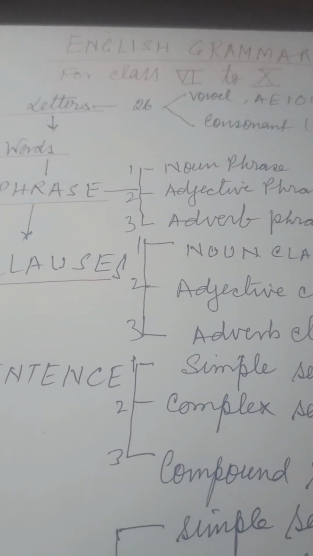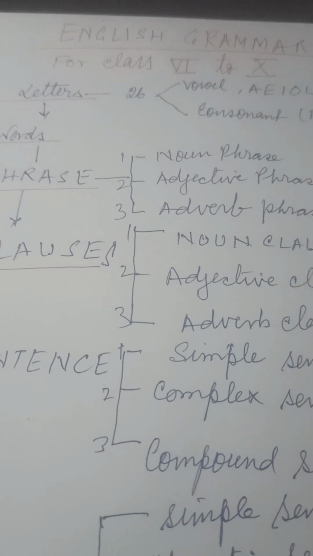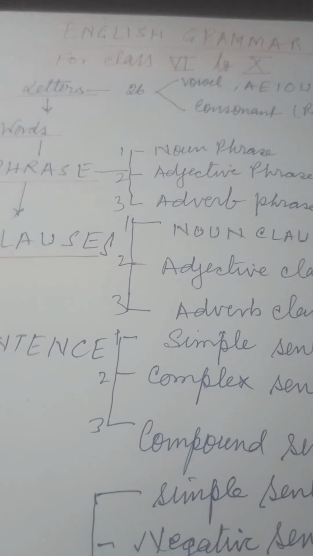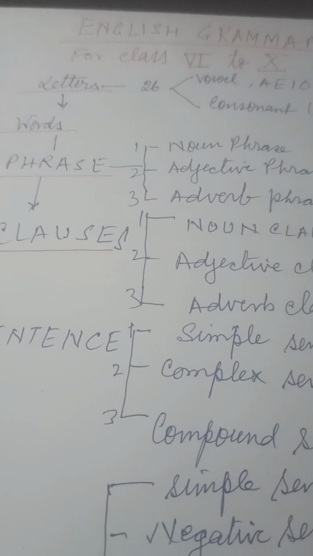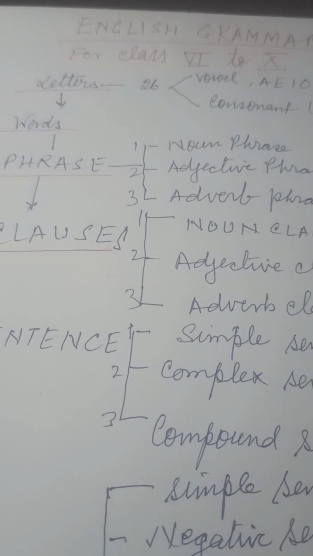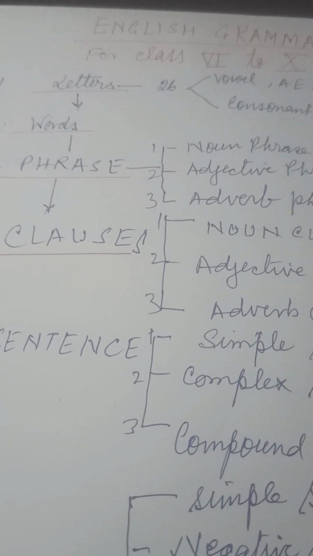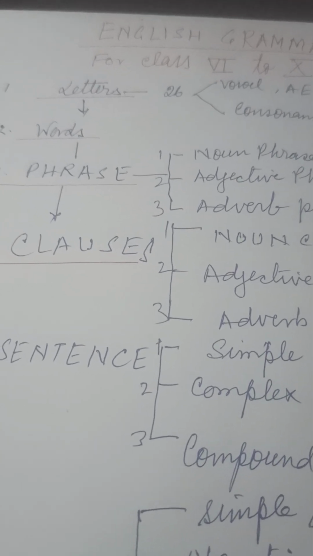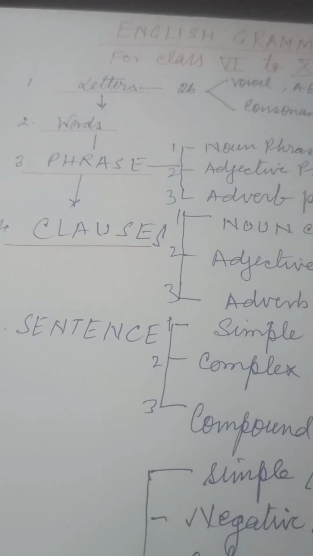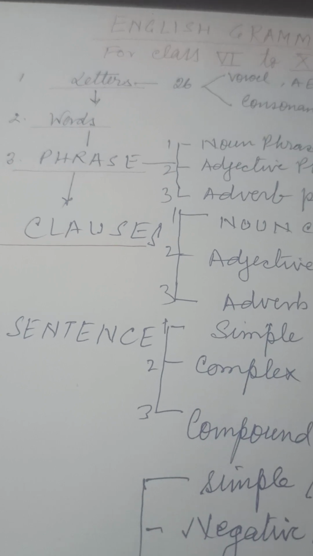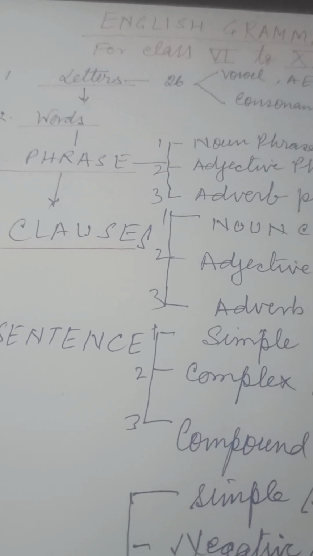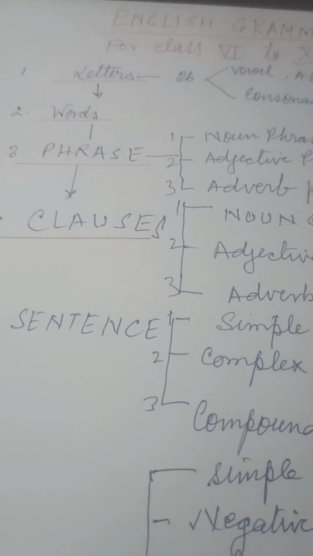Next, we go ahead. Letters, then words. Words are the combination of letters. The meaningful combination of the letters makes the words. So these words are also known as noun, pronoun, adjective, verb, adverb, preposition, conjunction, interjection.